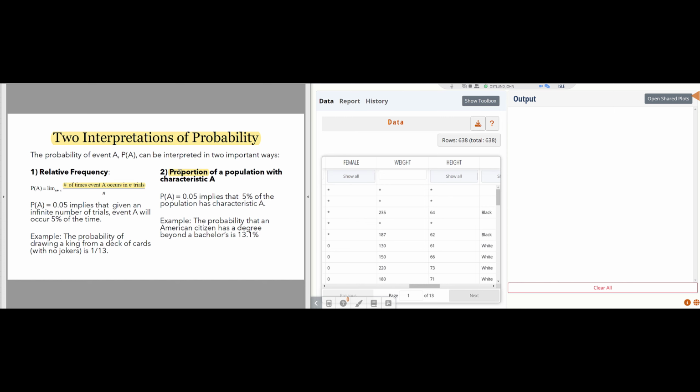We're not going to produce evidence, but if we claim that this is true, then we would say if we selected an adult in Pennsylvania at random, the probability that that person wears glasses is 0.27 or 27%.